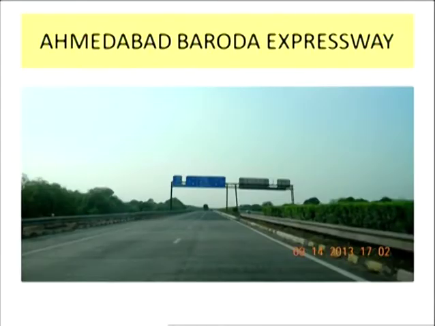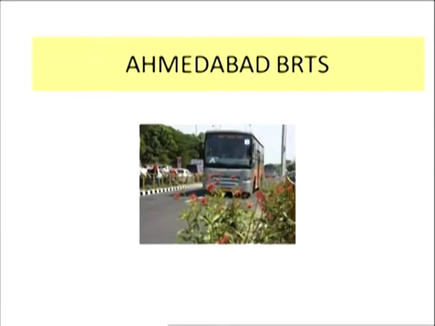This picture is of the Ahmedabad-Baroda Expressway. This is India's number one expressway constructed. This is a picture of the BRTS network constructed in Ahmedabad. This is an urban means of transporting passenger traffic in an urban area.